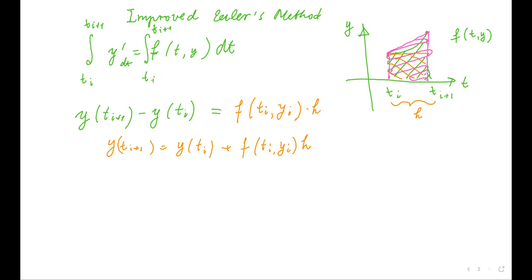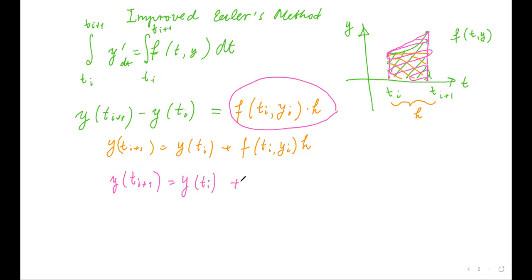Well, the area of a trapezoid is a little bit different, right? We need to do this side plus this side divided by 2 and multiply it by the distance. So I'm going to write it down. Well, I don't want to move this one again back to the left side and then to the right side. So I'm just going to improve the integral part. So this part is going to be improved. I'm going to write down the part which does not change, y of t i.